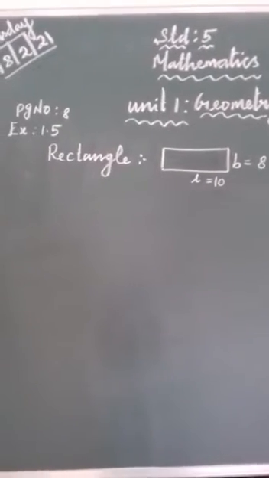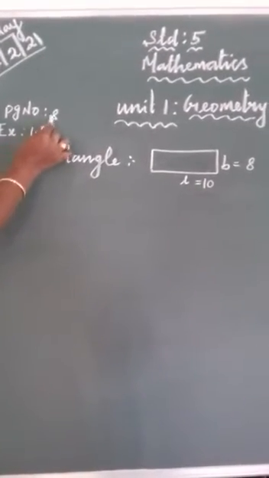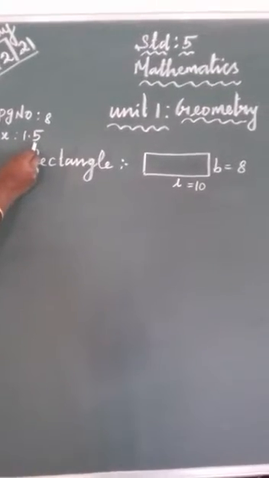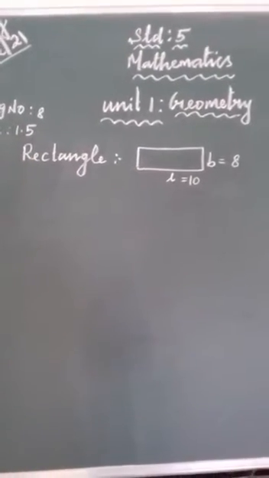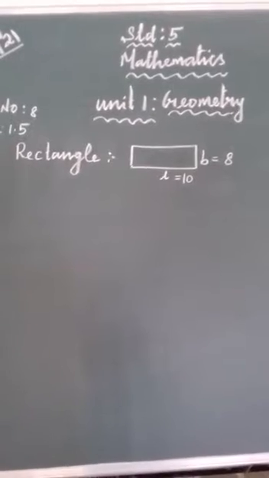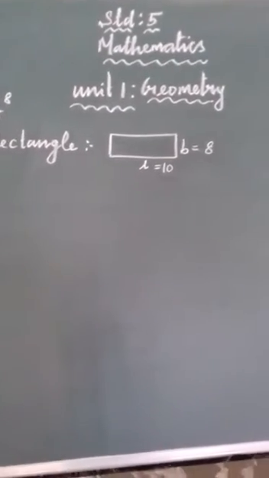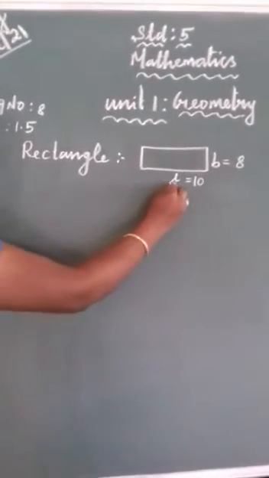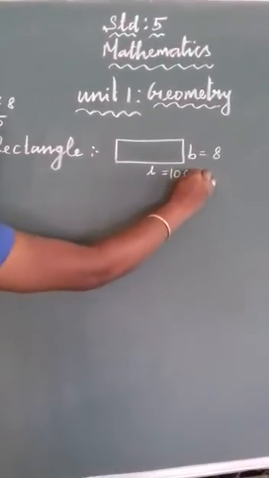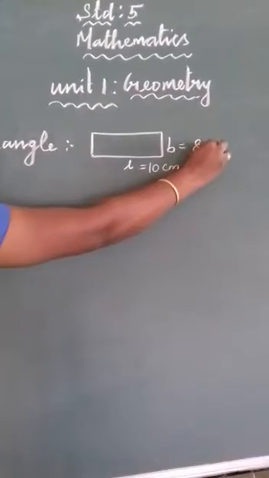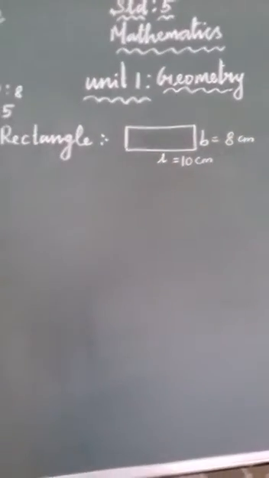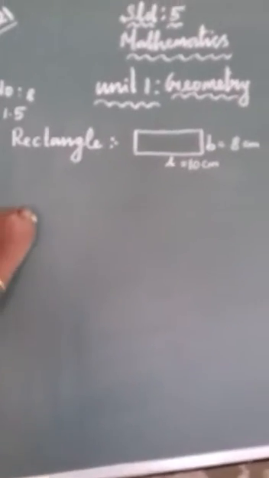Let us see an example. In your book, page number 8, exercise 1.5. What is the area of a rectangle of length 10 cm and breadth 8 cm? Here, length equals 10 cm, breadth 8 cm. What is the formula of area of a rectangle?